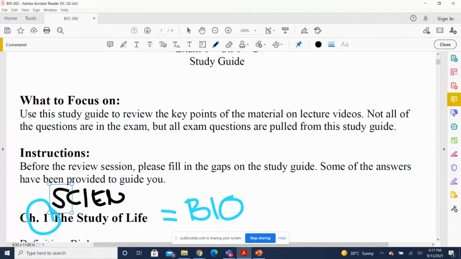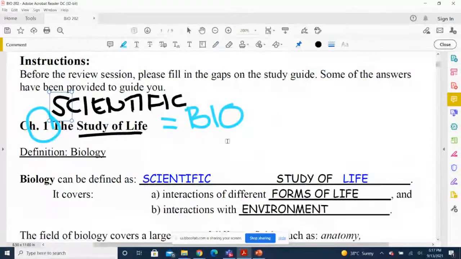So that brings us to the very first point that I had there when I asked how could we define biology? And as I said, biology could be defined as the scientific study of life.